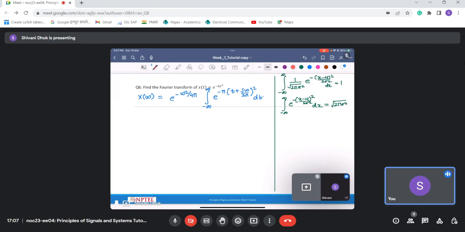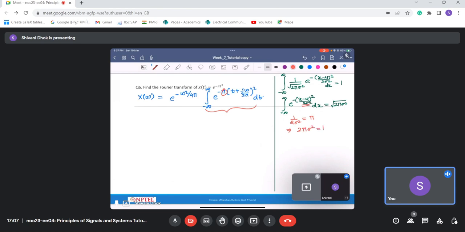So if I compare it with this, 1 upon 2 sigma square is equal to pi, which means that 2 pi sigma square is equal to 1.